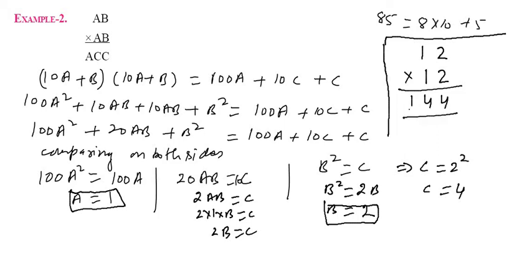A is 1, B is 2, both places are B, and C is 4. So that is your solution. So these are the answers. You can write here A is equal to 1, B is equal to 2, and C is equal to 4. So that will be your answer.